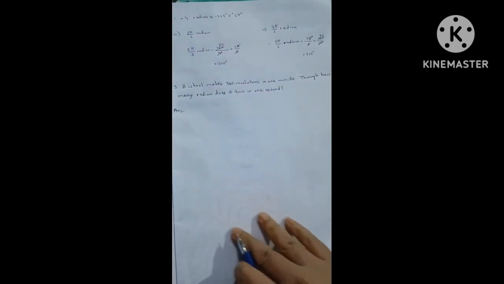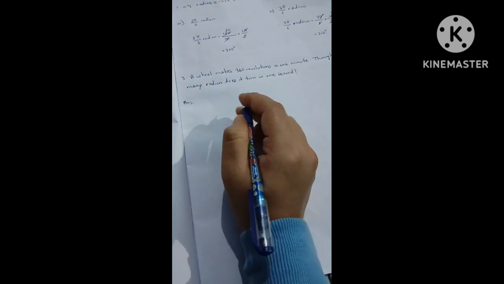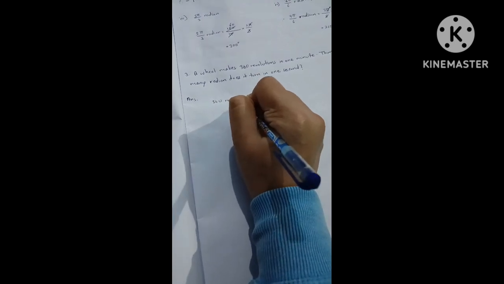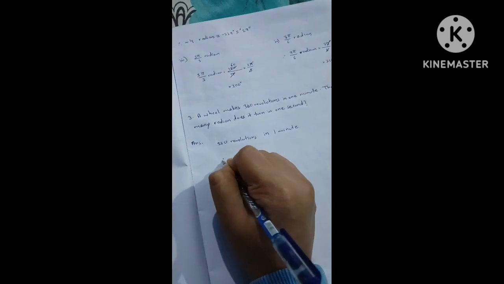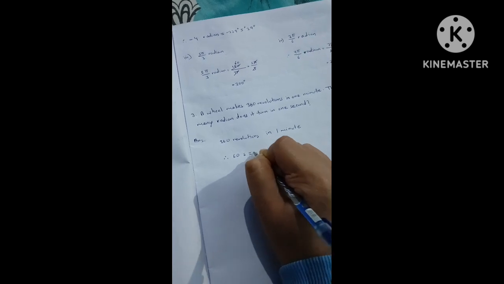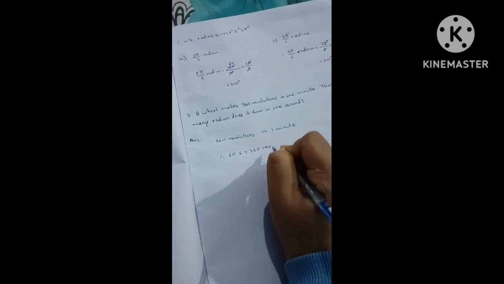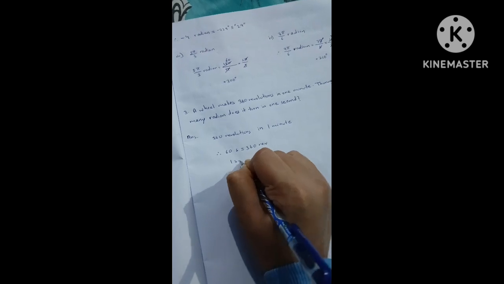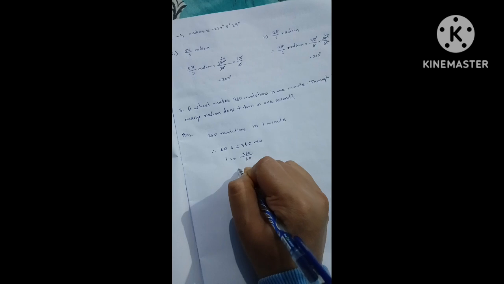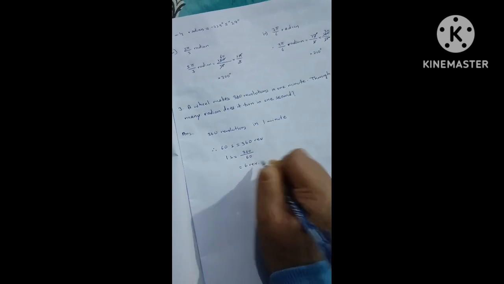See, according to the question, the wheel makes 360 revolutions in 1 minute, which means in 60 seconds the wheel makes 360 revolutions. So in 1 second it will make 360 upon 60, which is equal to 6 revolutions.